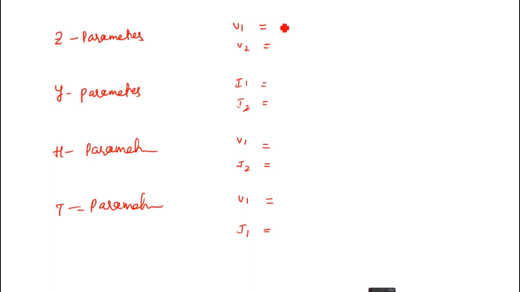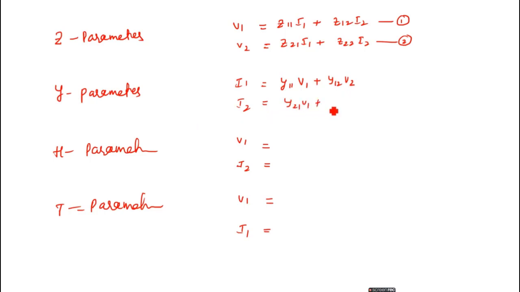So Z parameters, V1 equals to Z11 into I1 plus Z12 into I2. V2 equals Z21 I1 plus Z22 I2. Here Y parameters, I1 is measured in terms of V1 and V2. I2 is measured in terms of V1 and V2. Alright.